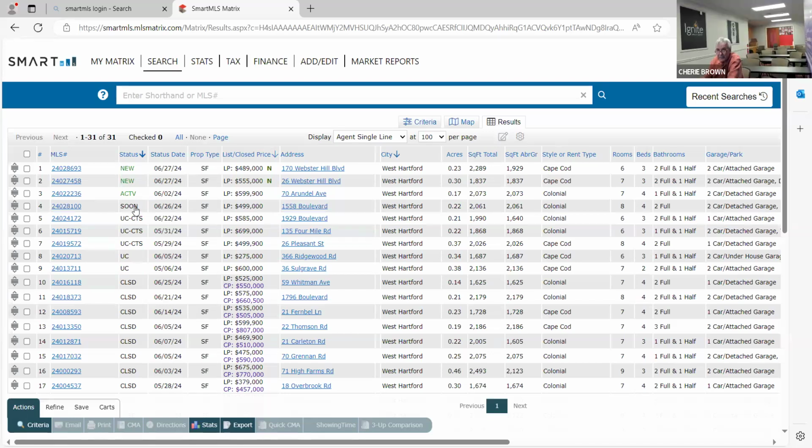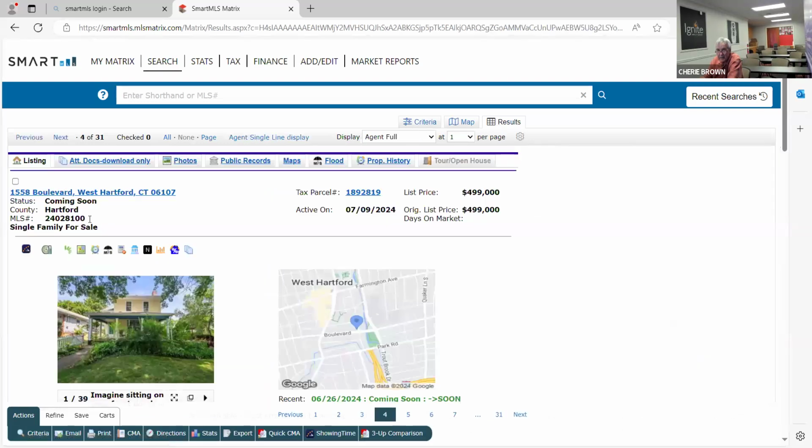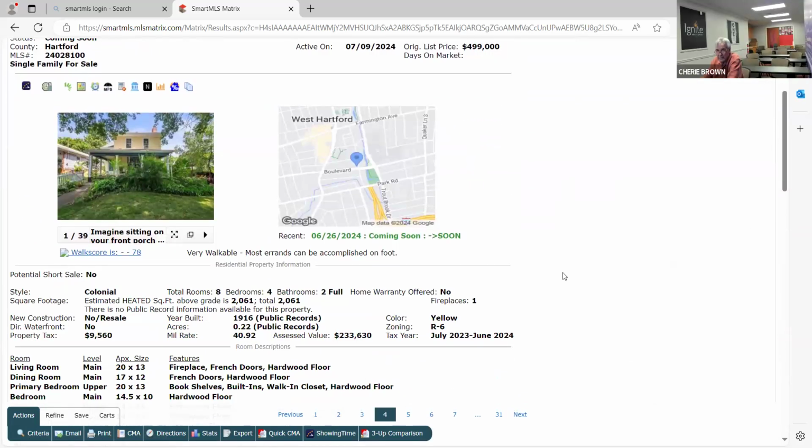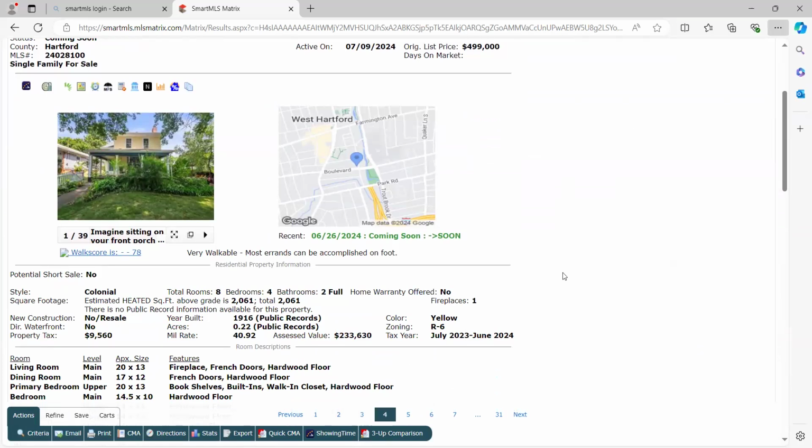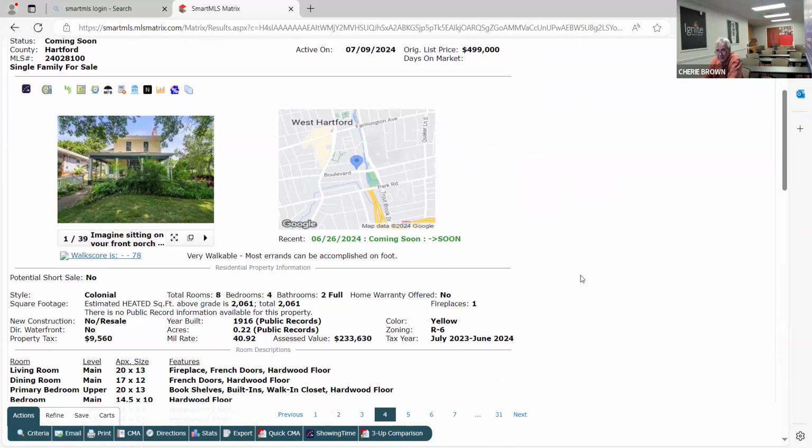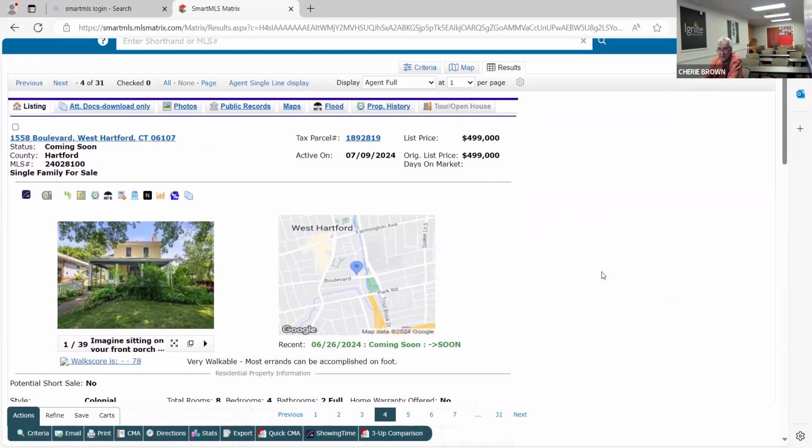And then we have one coming soon, so take a peek at that because it's going to be hitting the market. It's on Boulevard, so Boulevard's a busier road. But it's a little bit larger, similar kind of age and yards pretty similar.